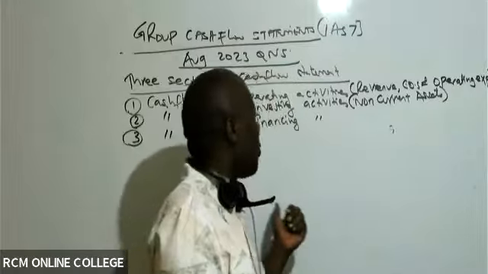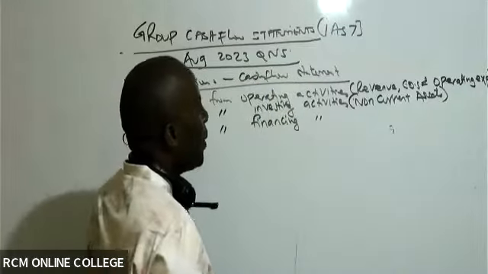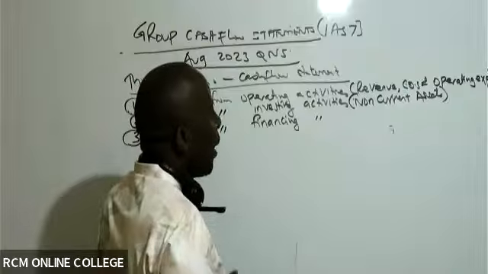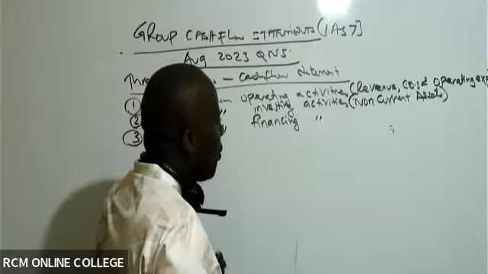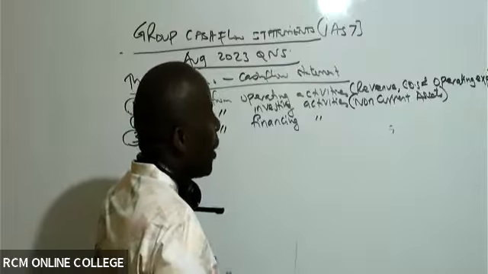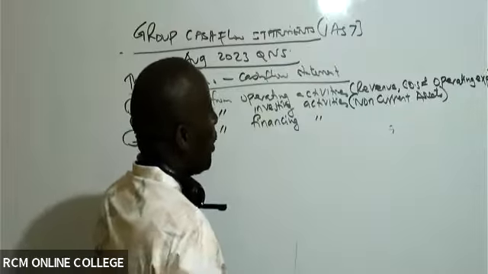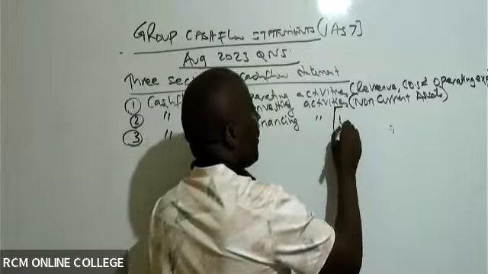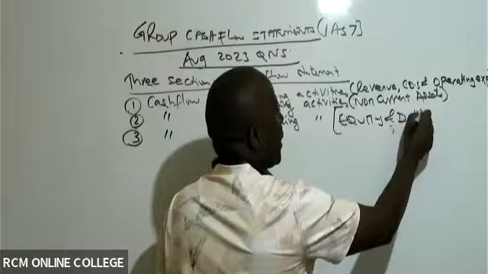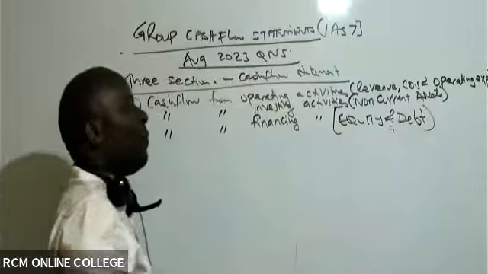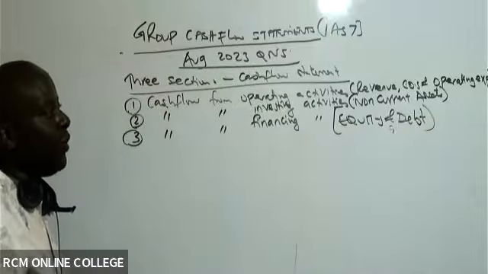And then when we talk about financing activities, we are looking at how we acquire this capital. In this case, how do we acquire funds for running our company? So we are looking at equity and debt. At times we have preference shares, but preference shares are not very common.